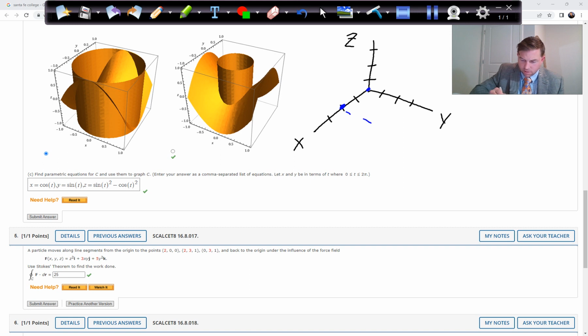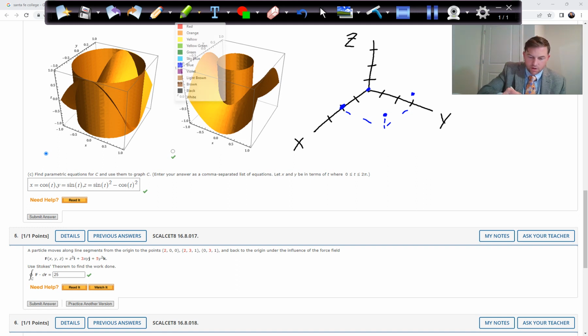So it's along this path. This is 3, and then 1 up would be about right there. Then it goes to 0, 3, 1, so it's 0 in the x, 3 in the y, and 1, so it's still the same height, but now it goes over here, and then it goes back to the origin.